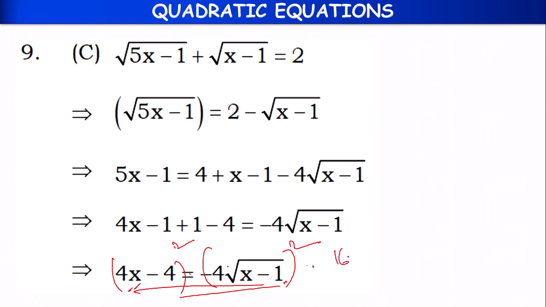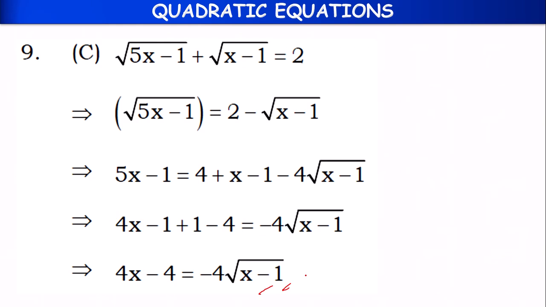So what we will get? 4x whole square means 16x square, a square plus b square means 16, minus 2ab means 2 into 4x into 4, 2 into 4, 8, 4 times 32, 32x, equal to, this side square means minus 4 whole square, it will become 16 into x minus 1.